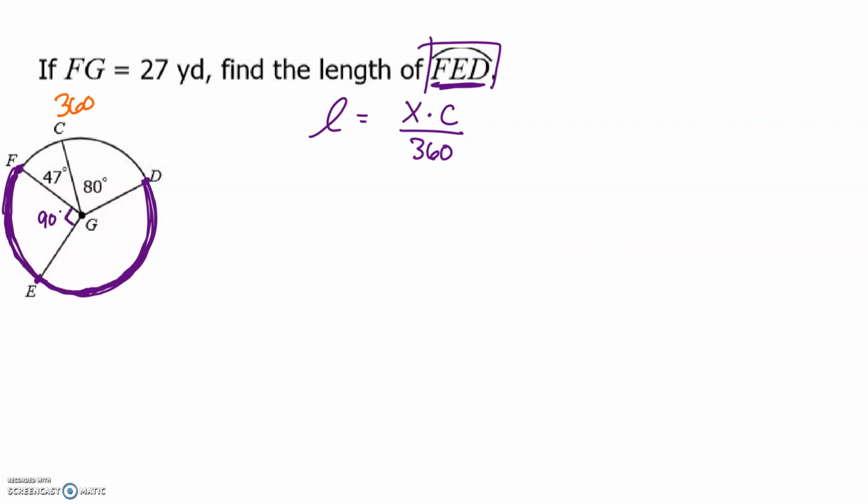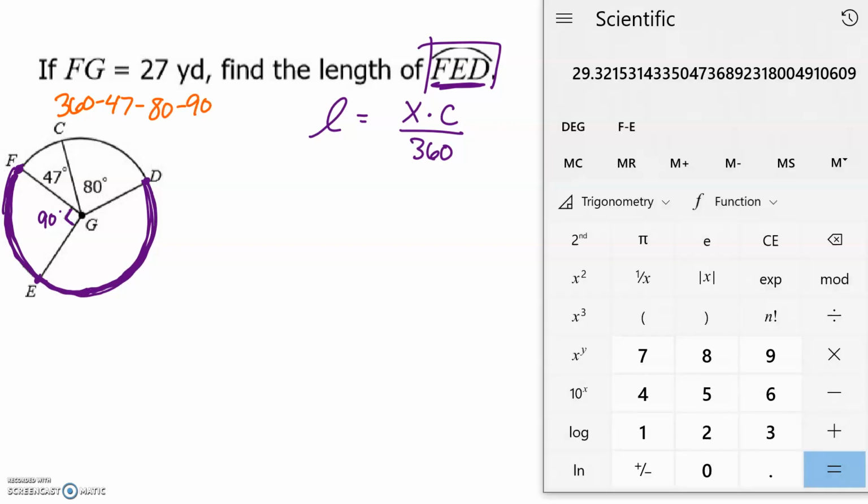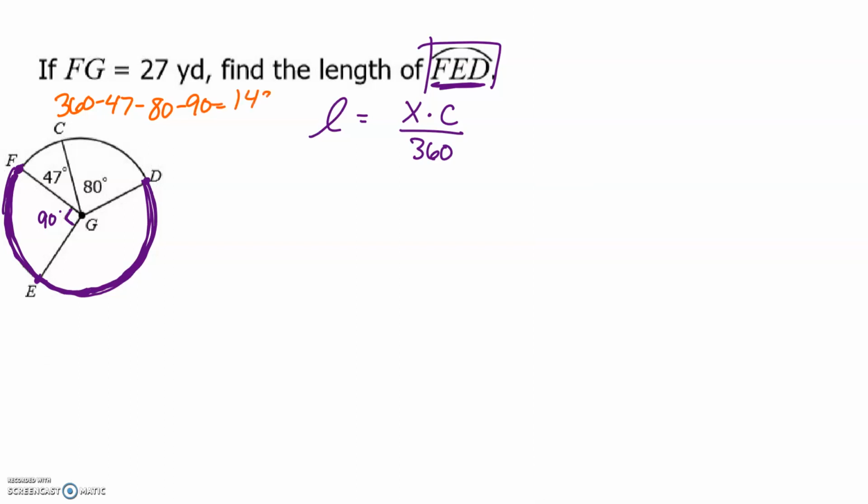So we can take 360, subtract 47, subtract 80, subtract 90. I'll do that right here with you guys. So that's 360 minus 47 minus 80 minus 90, and that's going to equal 143 degrees. So this is 143 degrees for our central angle.